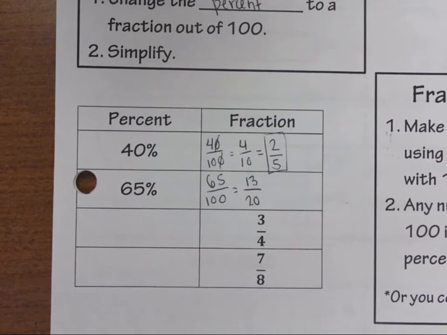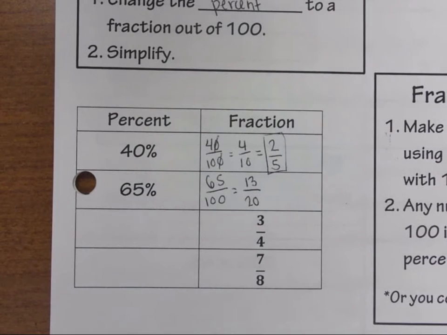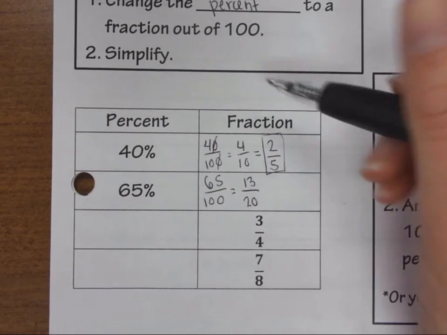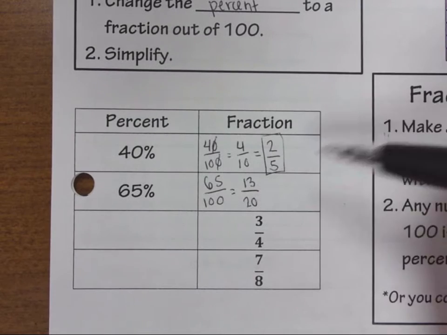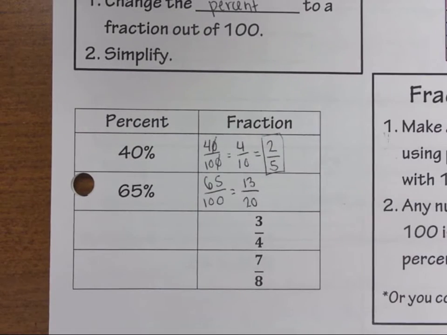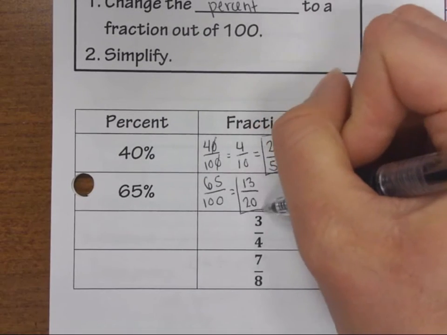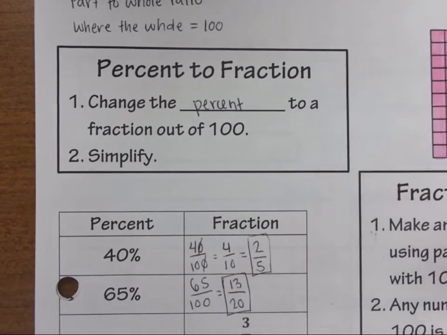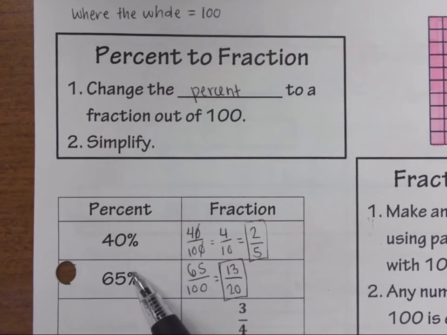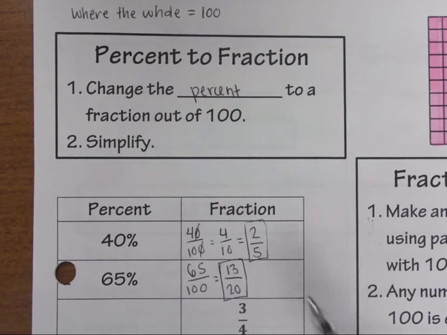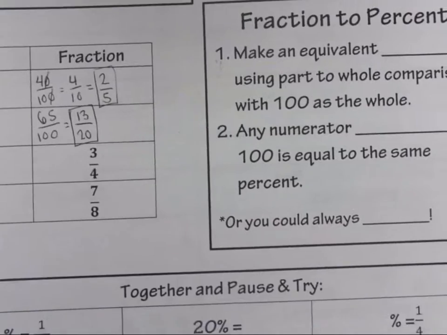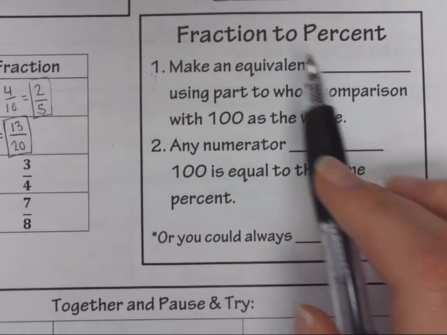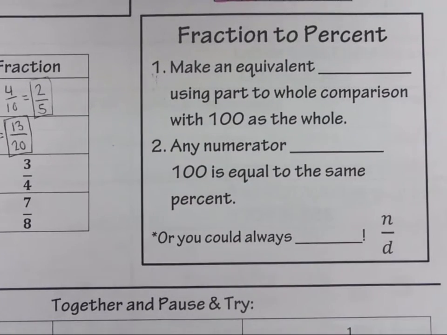Okay, you could use your multiplication table if you need to for that. Then I'm going to look at this and see if this can simplify further. 20's got some factors, it maybe could, but 13's prime, so I know that's as simplified as it can go. So for this first one, percent to fraction, that's all you're doing is taking this number, writing it over 100 and simplifying. Let's see how we go the other way, how we take a fraction and go to a percent.